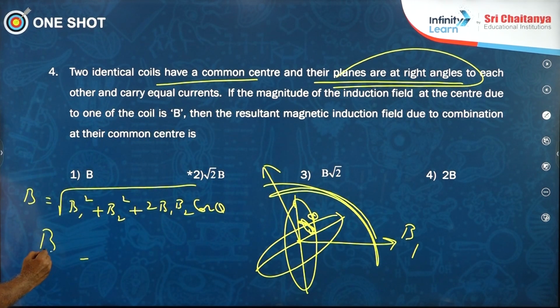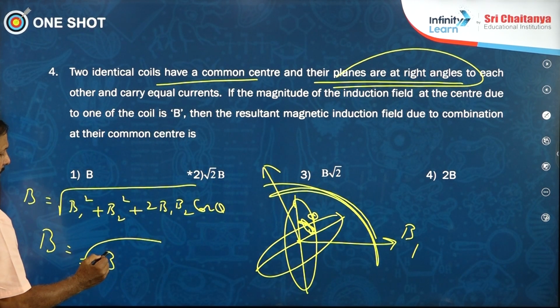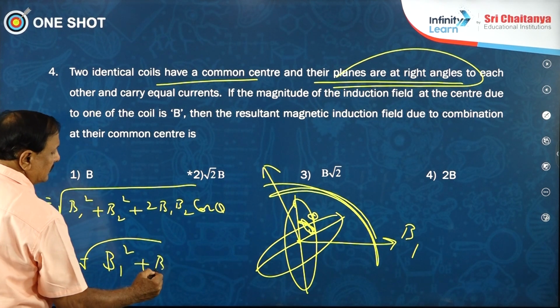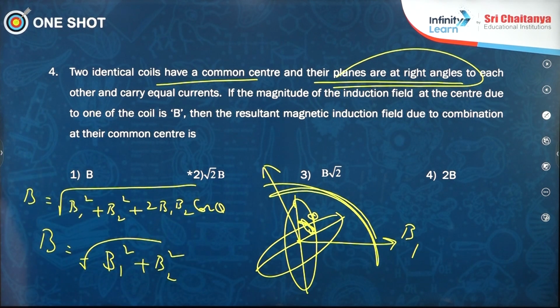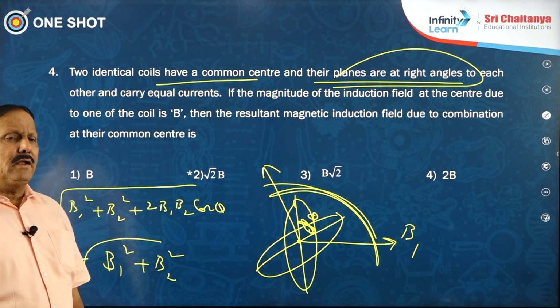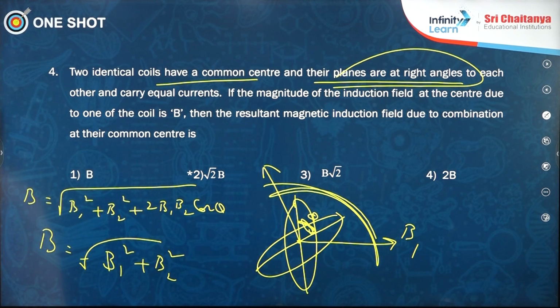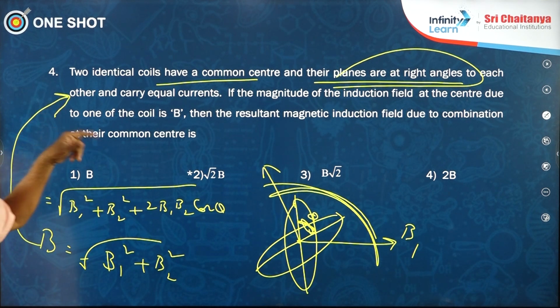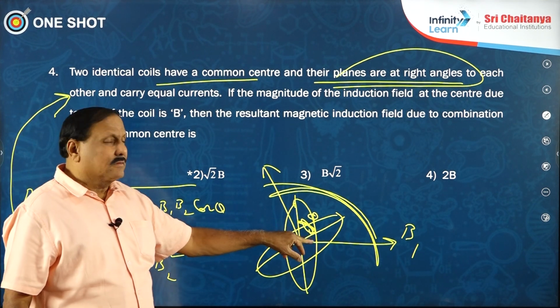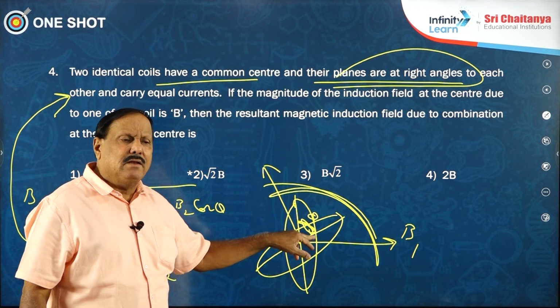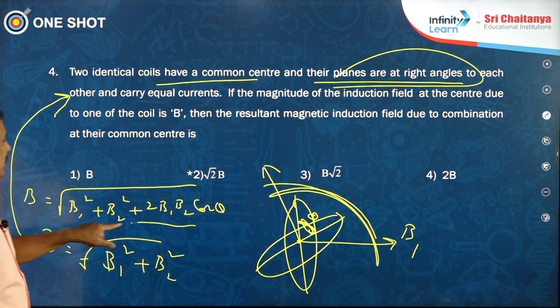So, B is equal to root of B1 square plus B2 square. Because the planes of the coils are perpendicular, the magnetic fields will also be perpendicular. So, this is the formula for this. But tomorrow if they say there is some angle between the planes of the coils, we have to use the earlier formula.